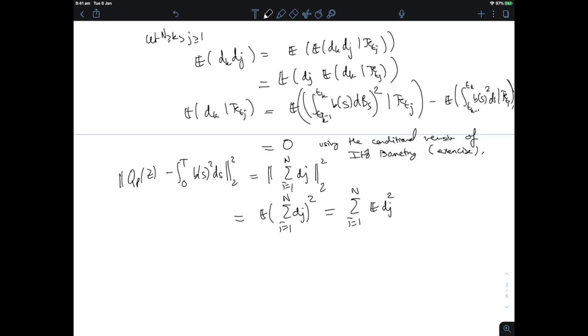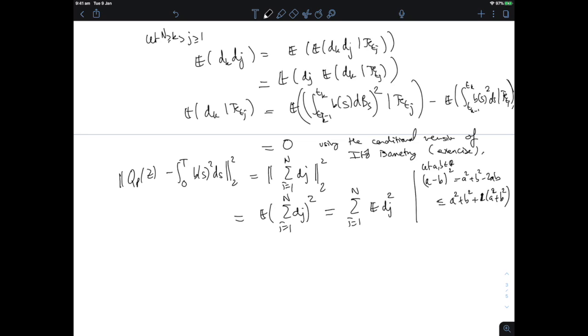Now the dj themselves are a difference of two terms, and you should realize that when you have a difference of two numbers, a and b in R, and you square that, this is a squared plus b squared minus 2ab, and minus 2ab is certainly smaller than a squared plus b squared itself.